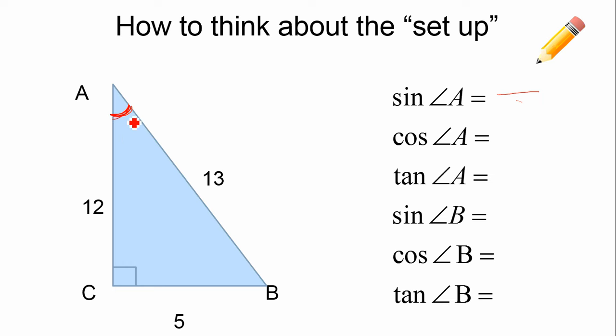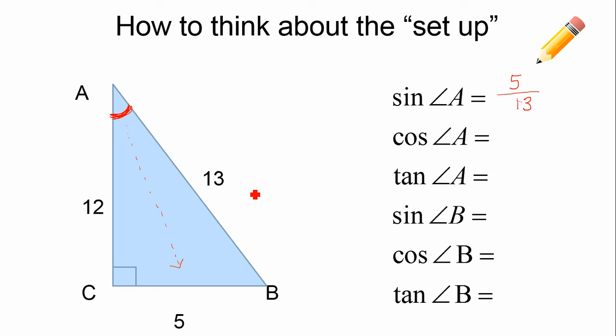If we remember, the sine setup said you're going to set up opposite over hypotenuse. Well, if this is my theta, then the side opposite would be 5, and the hypotenuse of that triangle would be 13. So the sine ratio for angle A would be 5/13.